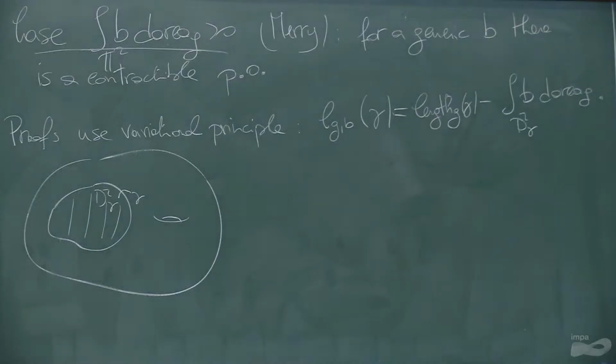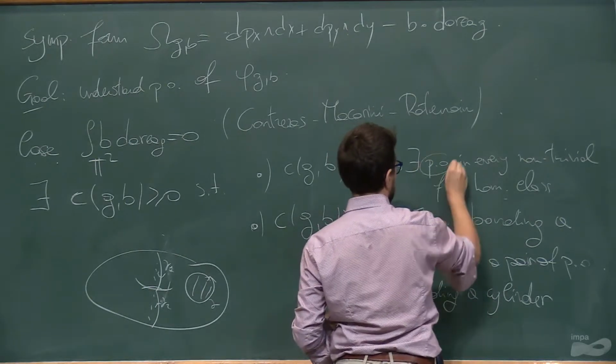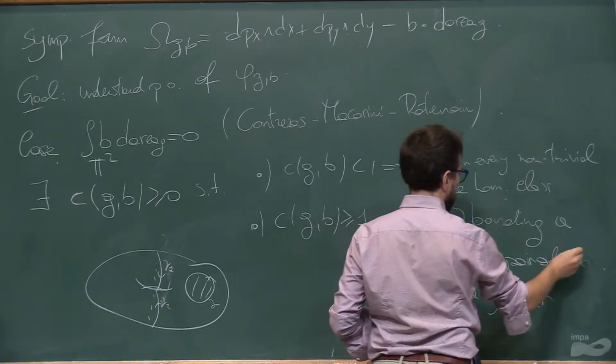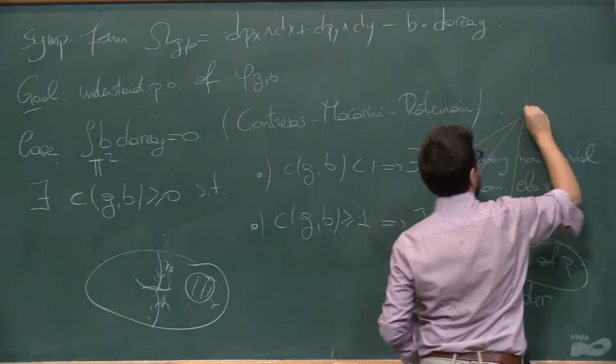Okay, so the proof uses variational principle, so one can also say something more about the index of these orbits. So in this case here, the orbits are actually minima. So here the index is 0.